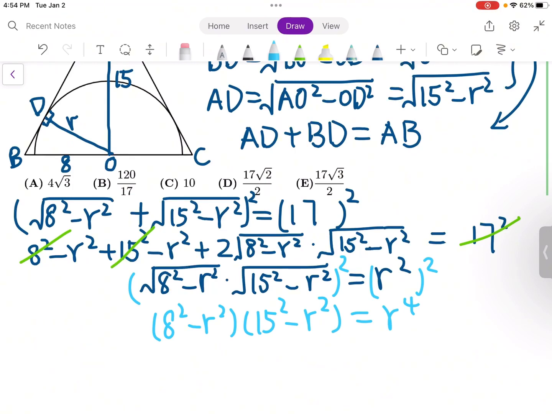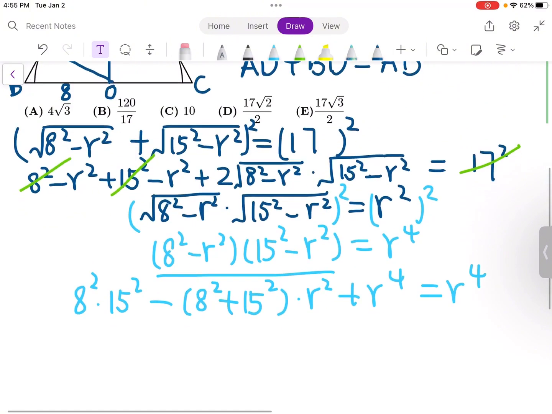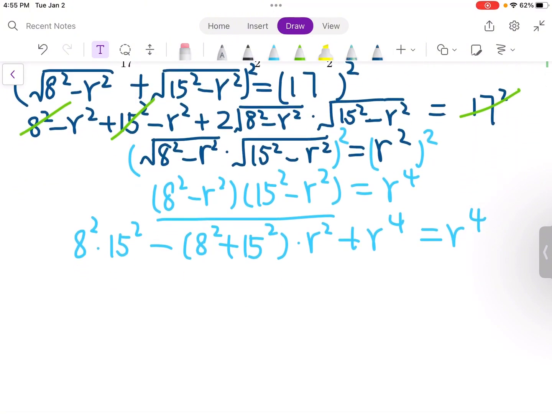And we further simplify this side, and we get 8 squared multiplied by 15 squared subtract 8 squared plus 15 squared multiplied by R squared plus R to the power of 4 equals R to the power of 4. Now we can cancel out R to the power of 4 on both sides.